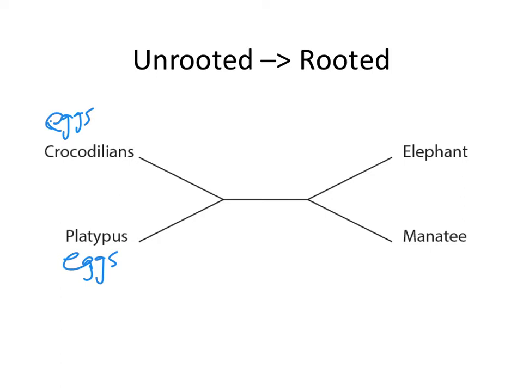If we don't know where far back in time is, how would you tell me whether eggs were a trait that was lost in mammals, or if egg laying was a trait that was gained in these other two taxa? Without a root on the tree, we don't have any perspective. We can't tell which direction evolution is moving in. Was egg laying an ancestral trait that was lost, or was it a trait that was gained?